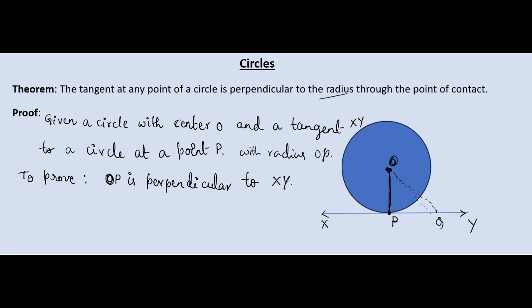Let us write that: take a point Q on tangent XY, other than P. Next, what we have to do? Join OQ. We have joined here.